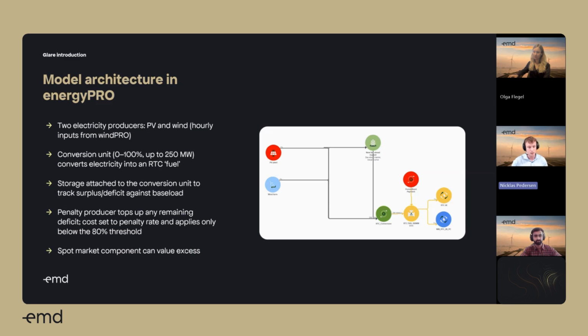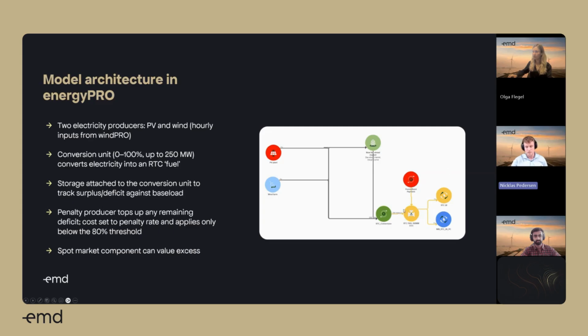What it does is convert this into an RTC fuel, and this is because I want to be able to make payments on this fuel rather than electricity alone, because if you start to have spot market and other RTCs in this, I want to have them separated in order to have a payment that's directly on this.